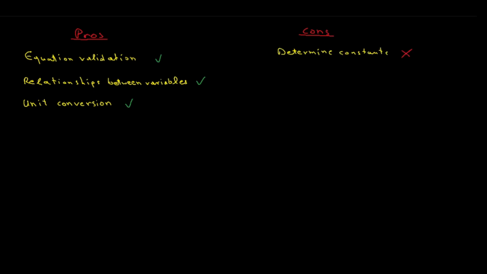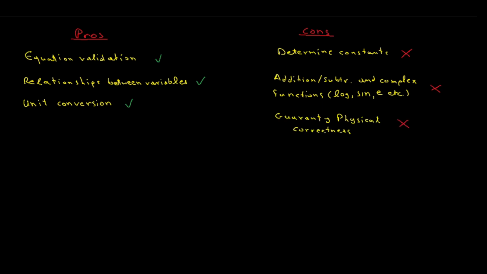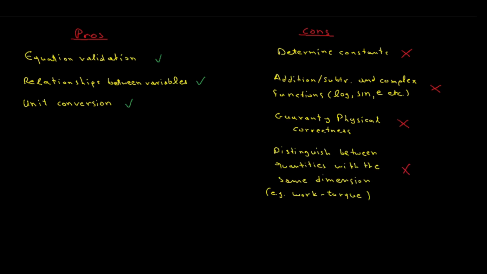This can only be determined experimentally, provided we already have the general form of the equation. It won't work with equations that involve addition, subtraction, or complex functions like trigonometric, logarithmic, etc. It does not guarantee physical correctness, it only guarantees dimensional consistency. Finally, it cannot distinguish between quantities of the same dimension, for example, work and torque.